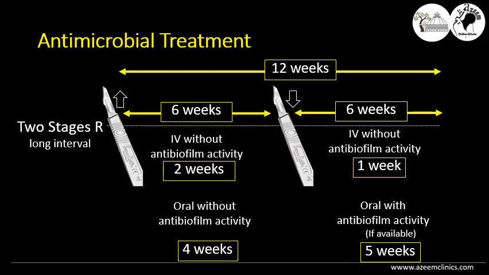After implantation, you should resume 1 week of IV antibiotics without anti-biofilm activity, and afterwards oral with anti-biofilm activity, assuming that after the implantation of your prosthesis, the bacteria will be capable, after 2 to 3 weeks, of building up a biofilm. So you have to give oral antibiotics with anti-biofilm activity.